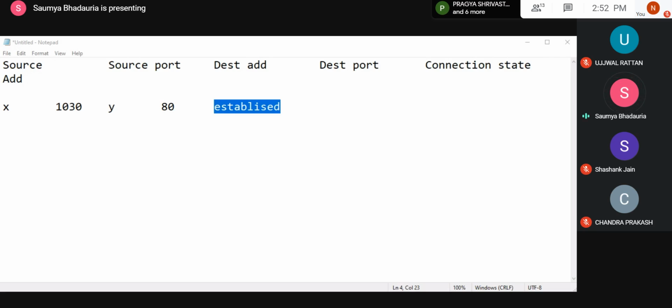For the implementation of a circuit level gateway, there are packages like SOCKS, which is in RFC 1928, I guess. This is an implementation example of a circuit level gateway.